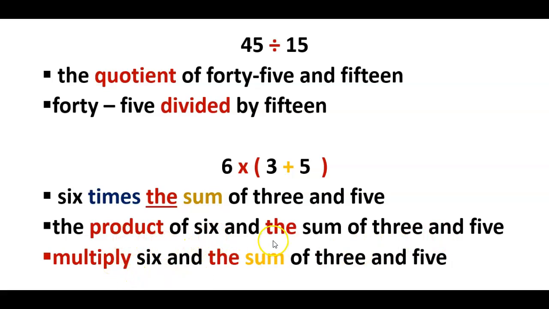The 6 and the sum, not the 3, not the 5, but instead the sum of 3 and 5. Same is true here. Multiply 6 and the sum of 3 and 5. So remember, if there is parenthesis and you want the operation inside the parenthesis to be done first, use the word or the article the. Okay?